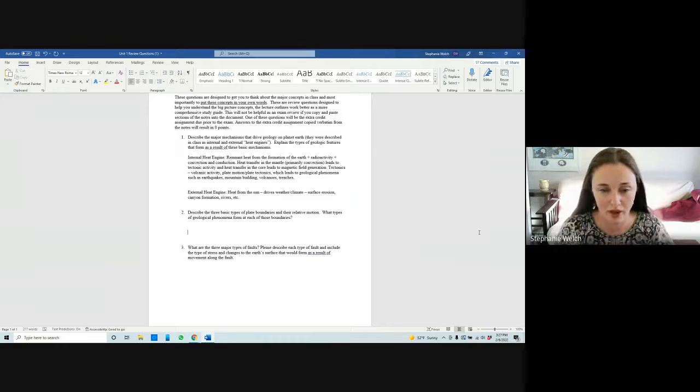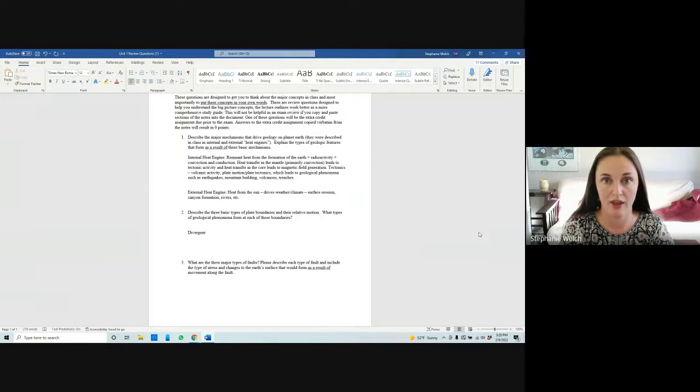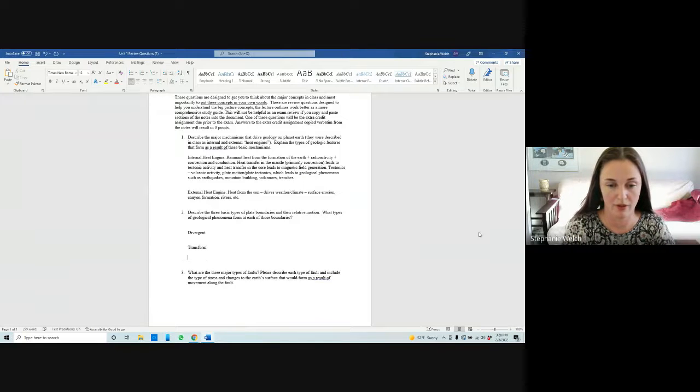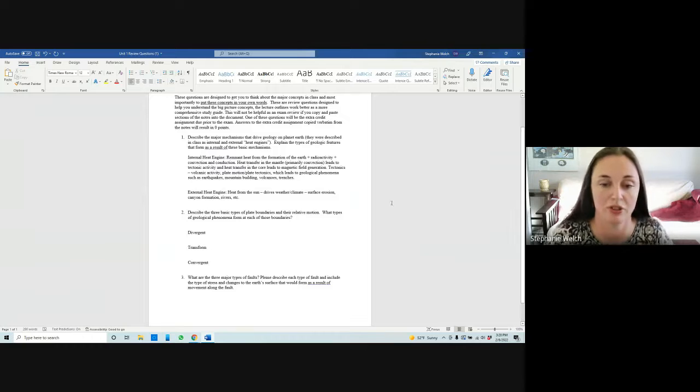So the basic ways that anything can really move in relation to something else is that they can move apart. That's a divergent boundary. They can move past each other. That's transform. Or they can come together, push towards each other. And those are called convergent plate boundaries.